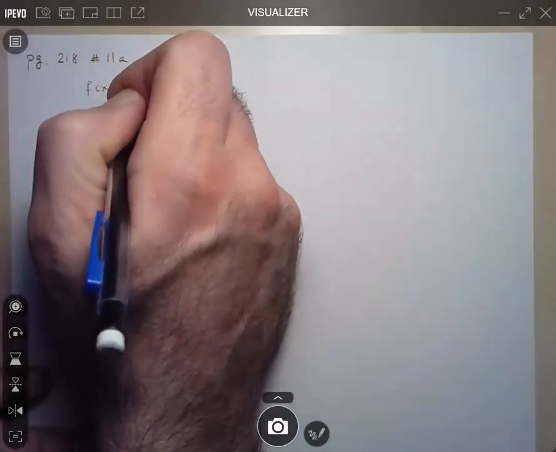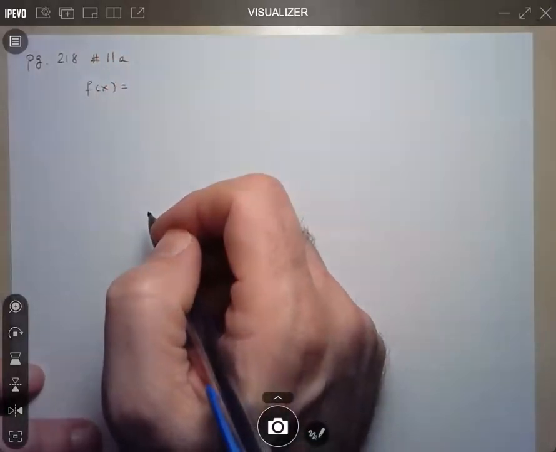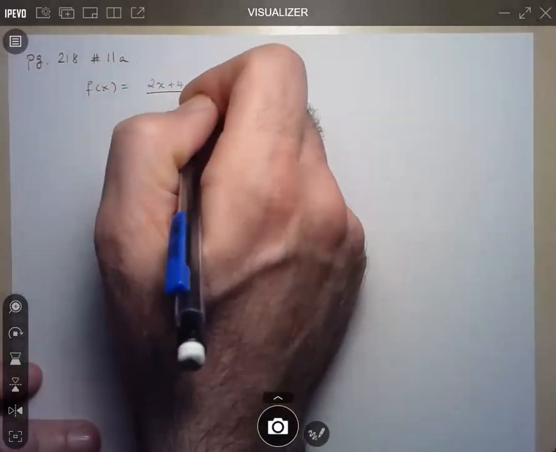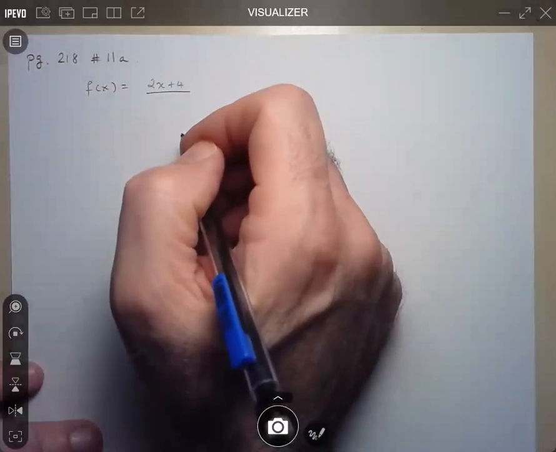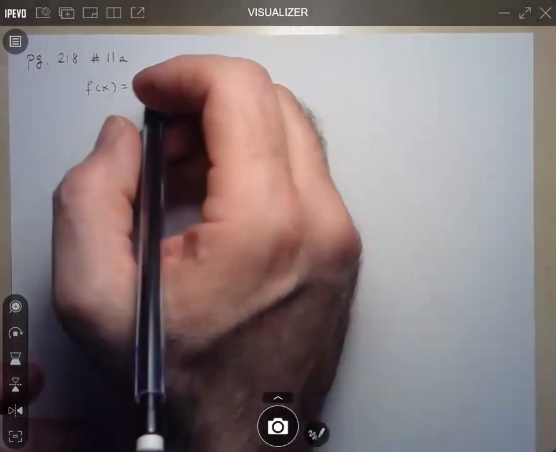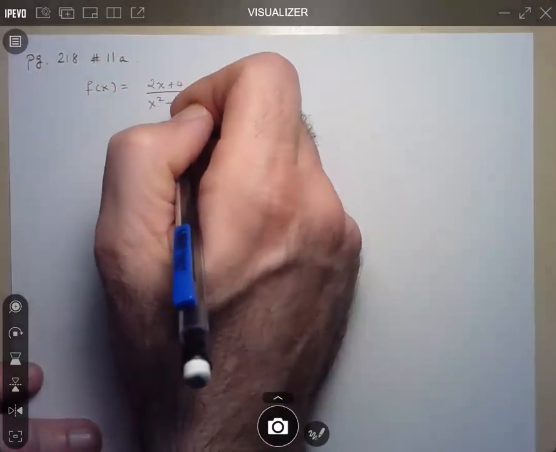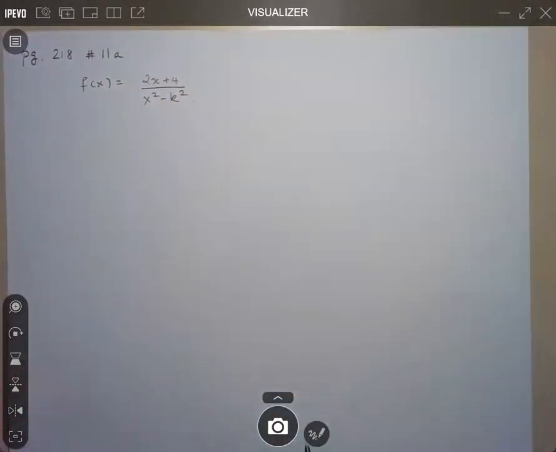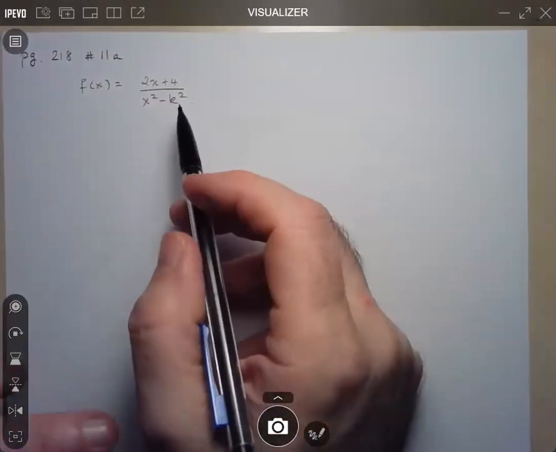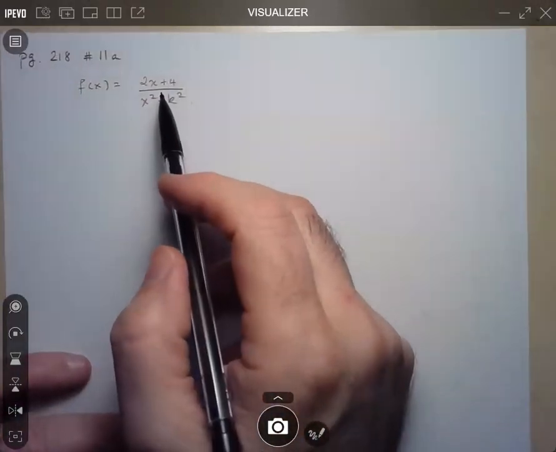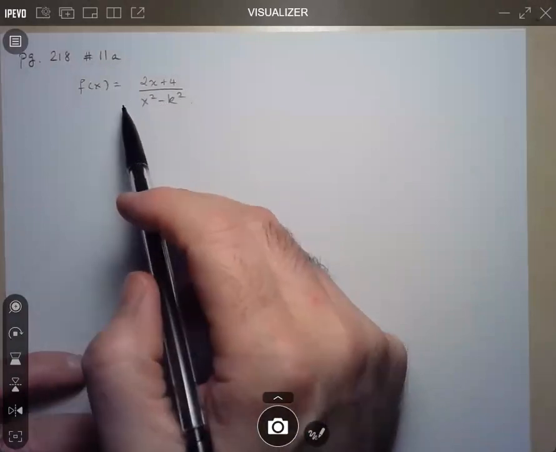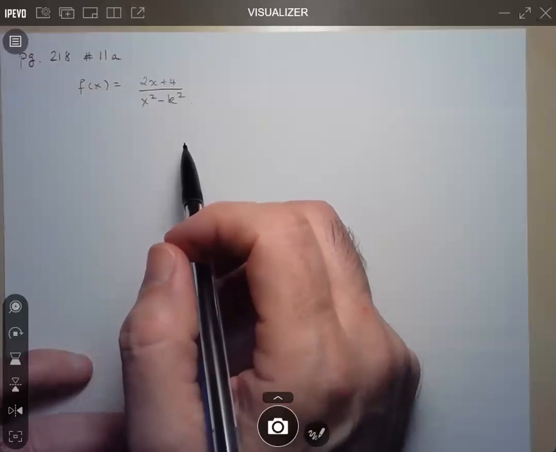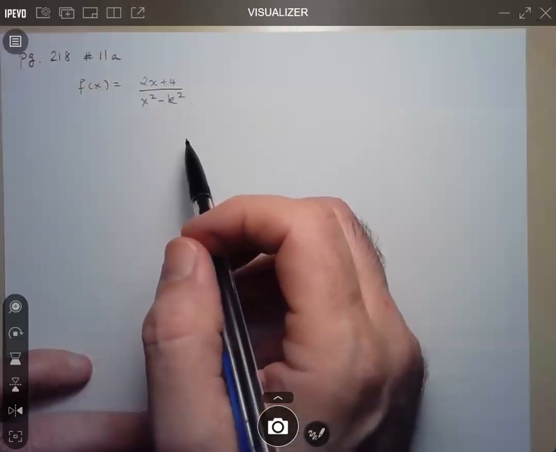We have f of x equal to 2x plus 4 over x squared minus k squared. They've given us this function that has an unknown in the denominator, and f has to have critical points.